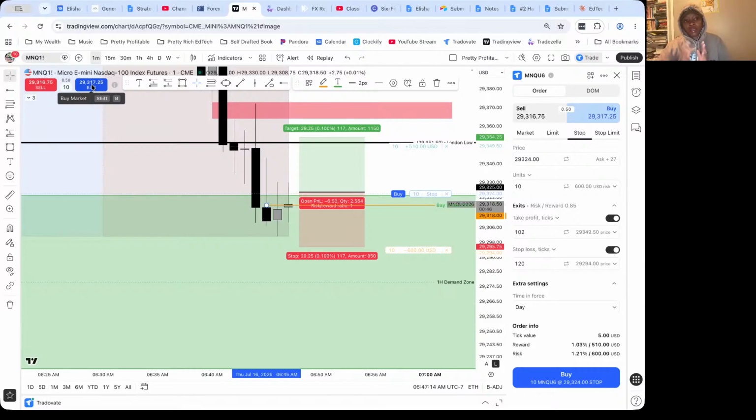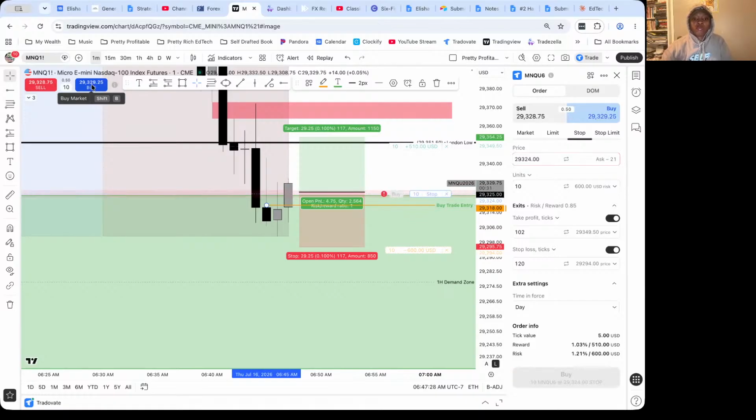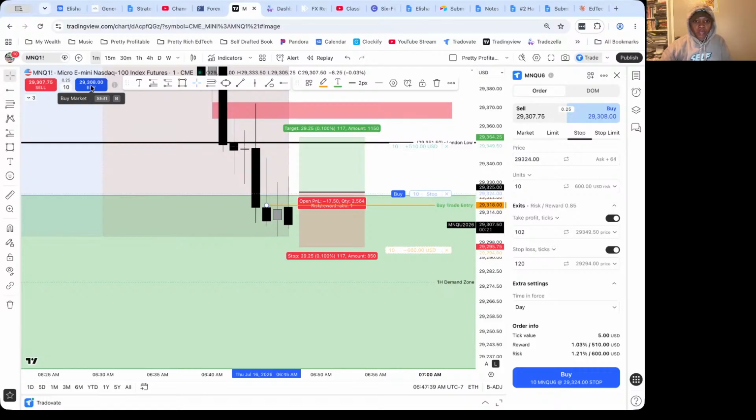I need this candle to close, and once the candle closes above it, I could be good. But let me just be ready for it to close, and I'll feel more confident getting into it. See, it's not closing above it, so I need it to close above it.